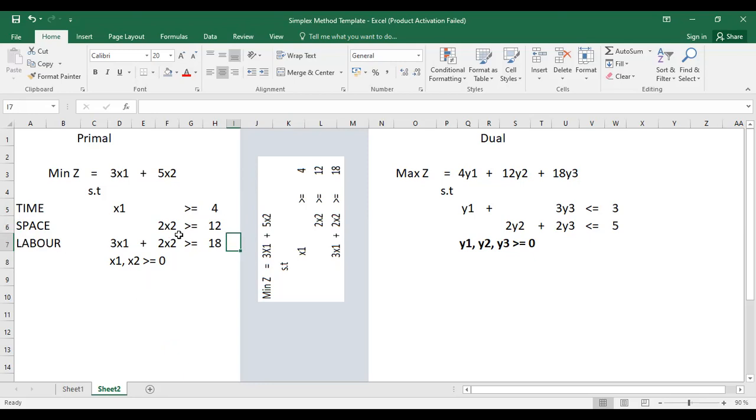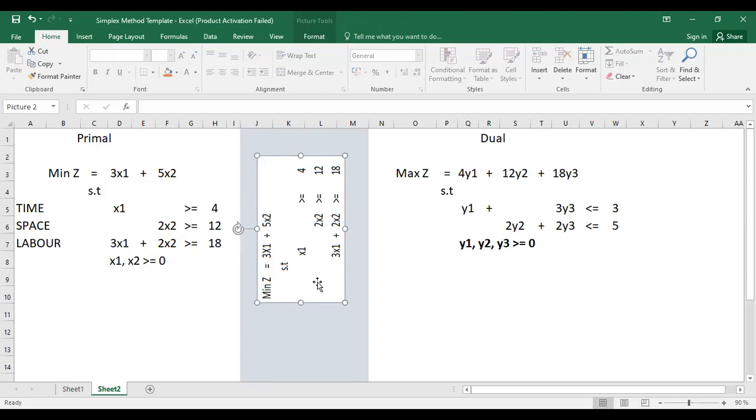Now yours is to change the position of this model. I took a picture of it and then I rotated it 90 degrees to the left. So the right-hand side is now at the top, which I converted into my objective function coefficients.